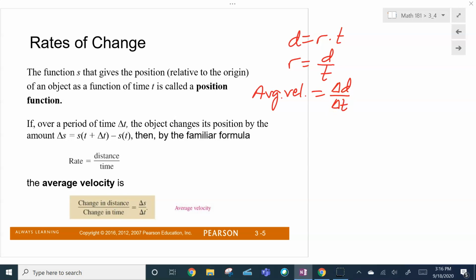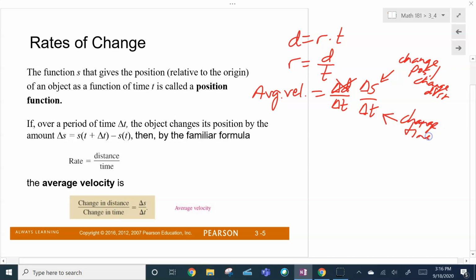I'm going to use change in position over change in time, s denoting position. So this is change in position, in other words, change in distance, and this is change in time. That's our average velocity, our pre-calculus stuff.